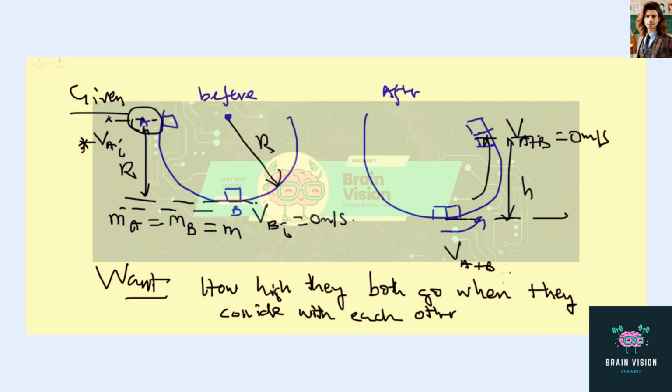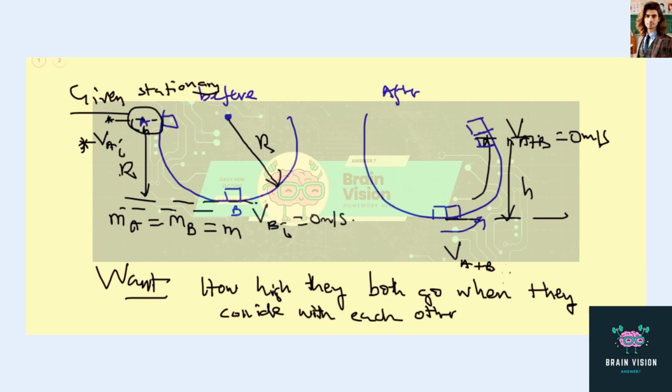Coming back, we see that the initial kinetic energy is 0 joules, since we're starting right here, stationary. Then the initial potential energy is the mass of A times the acceleration due to gravity times the radius. This radius is the same as the initial height of A, and that's the replacement we have there.